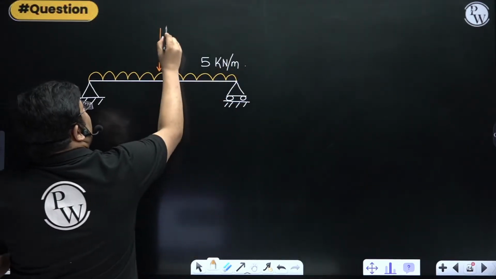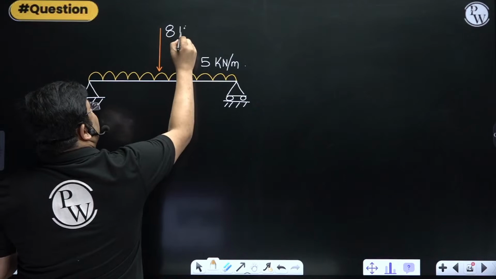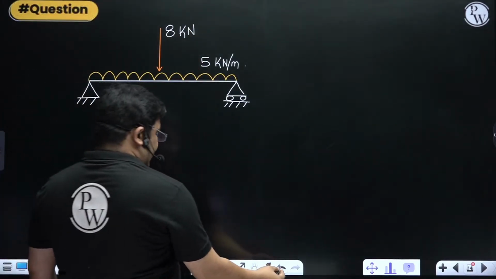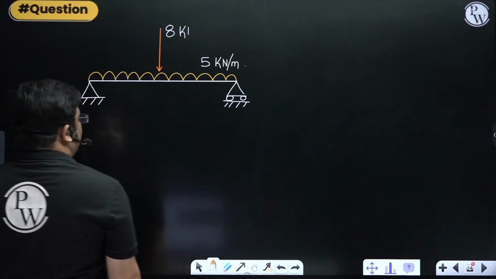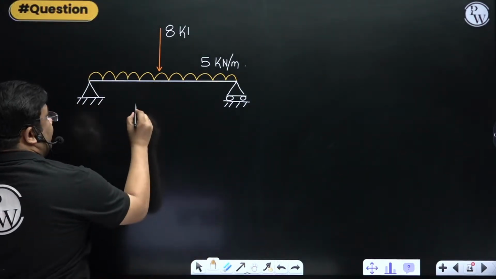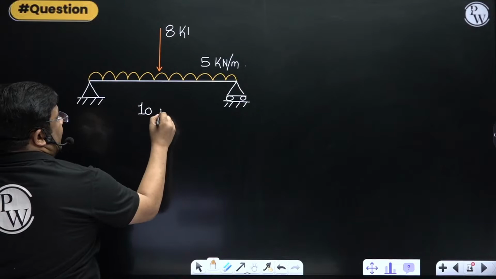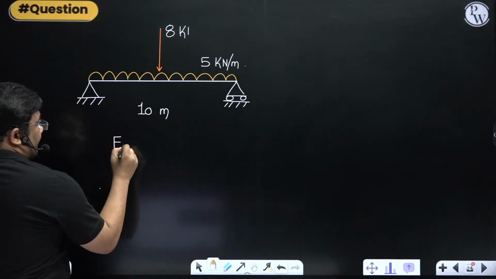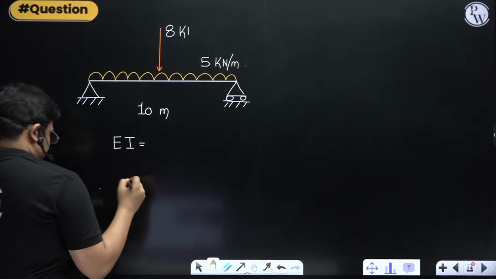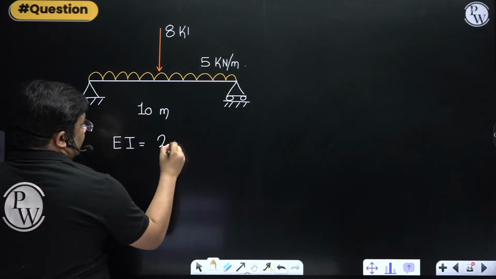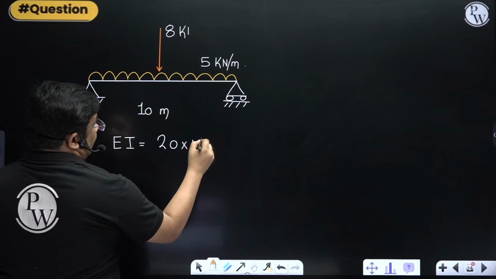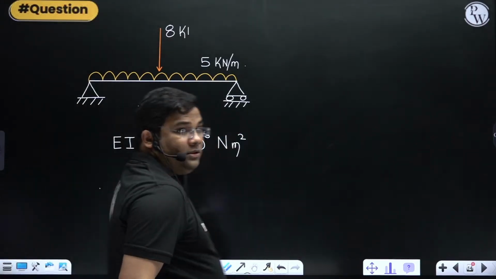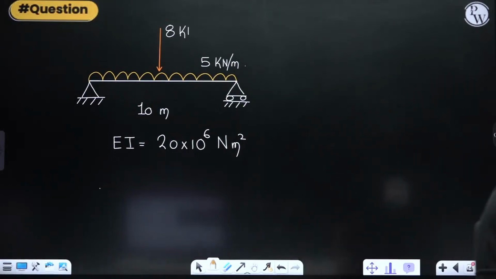And the central load is 8 kilonewton. The span is given as 10 meter. And the EI is given to us as 20 into 10 to the power 6 Newton meter square. So this information is given to us.